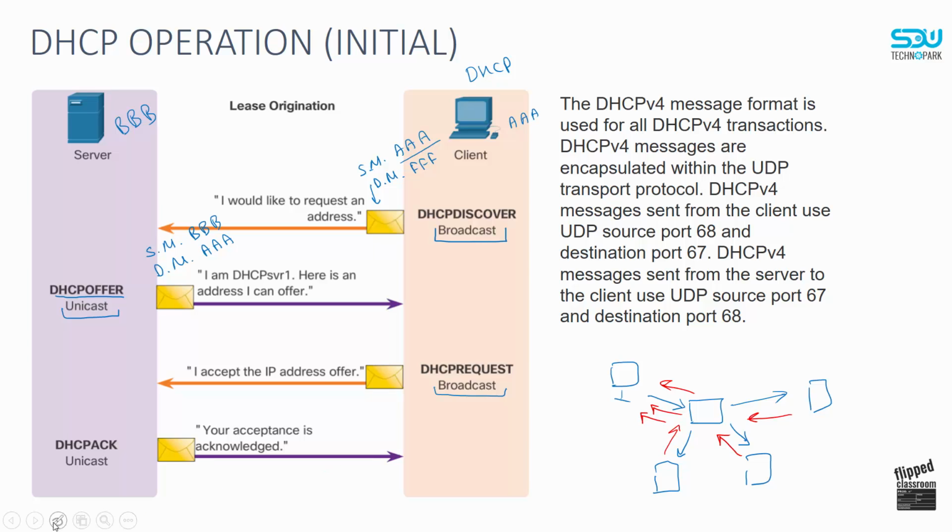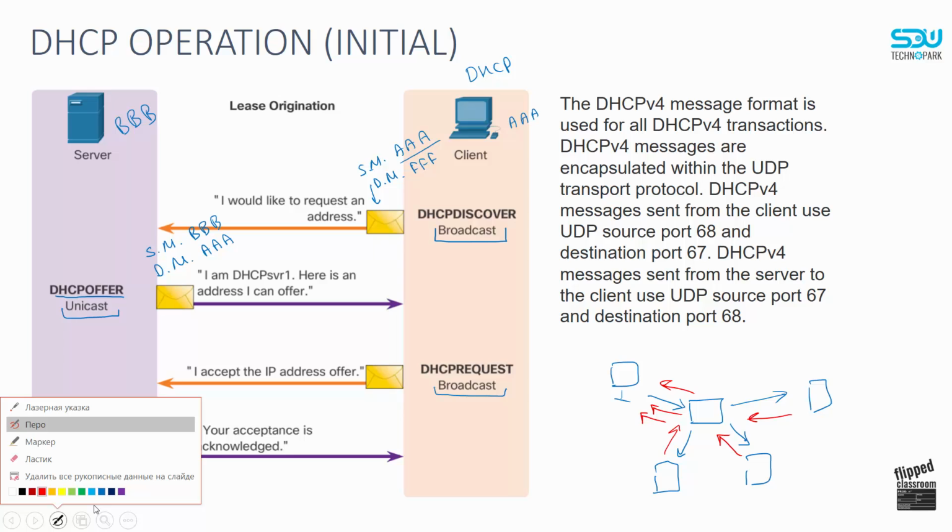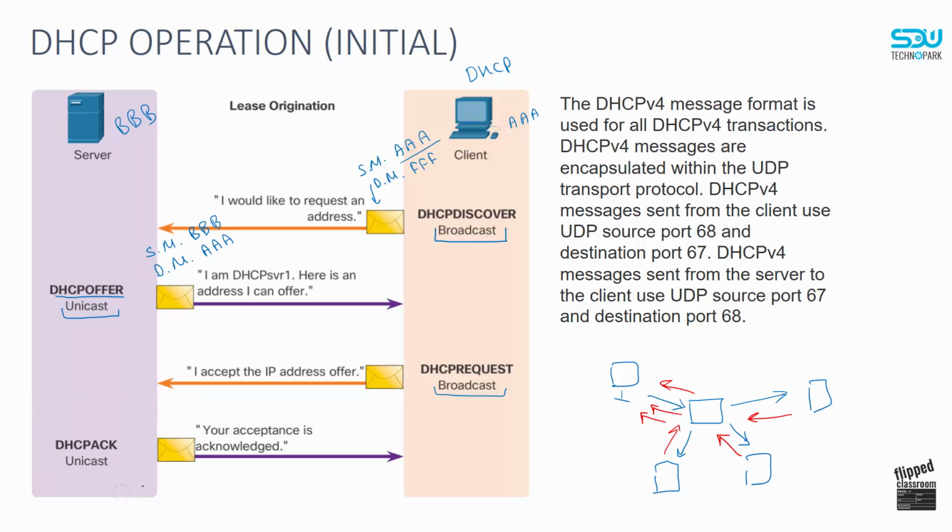My computer will provide the broadcast reply, which is going to be the DHCP request to all the servers. For example, it wants to make a request for the server BBB, but my computer is sending this DHCP request to all the servers so that all servers will understand that their offers are declined.